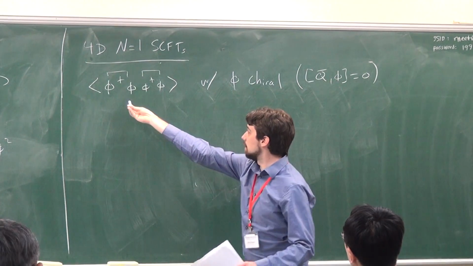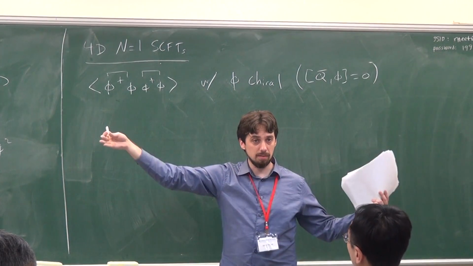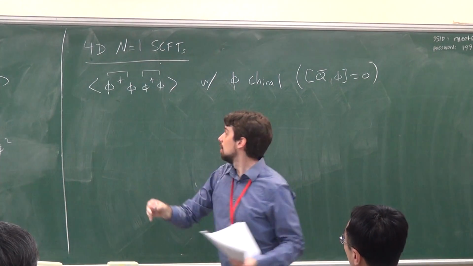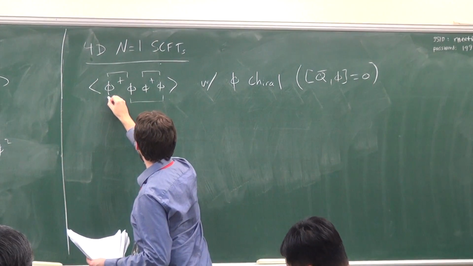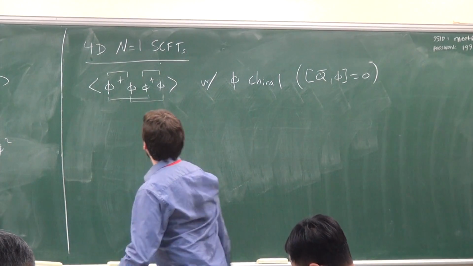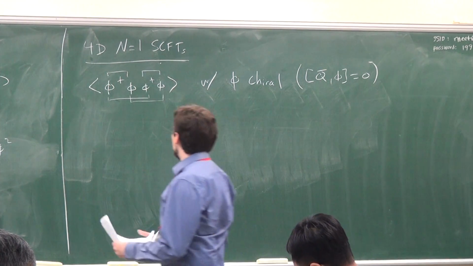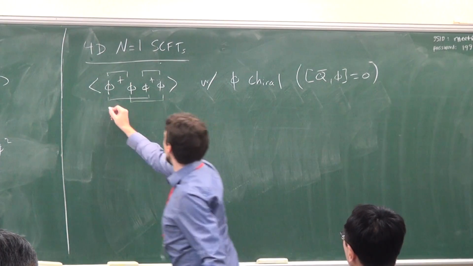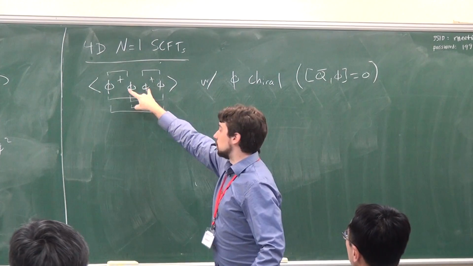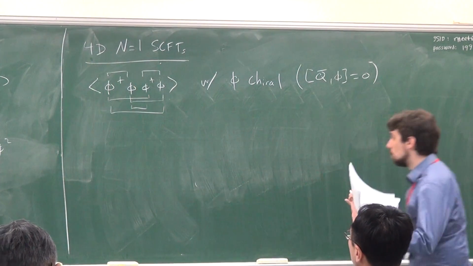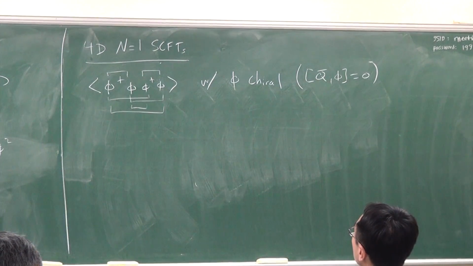So I can either expand into the phi dagger phi OPE, giving me a sum over non-chiral unprotected operators, or I can expand it in, say, the phi phi OPE, the chiral OPE. Or I should say I can also expand it in this way, which gives me a different expansion of the chiral OPE. So this leads to some system of Bootstrap equations.